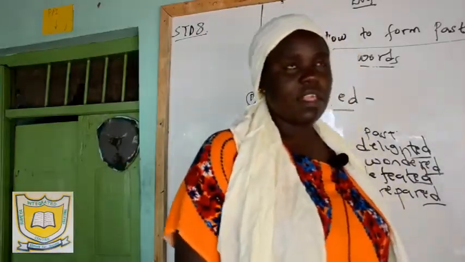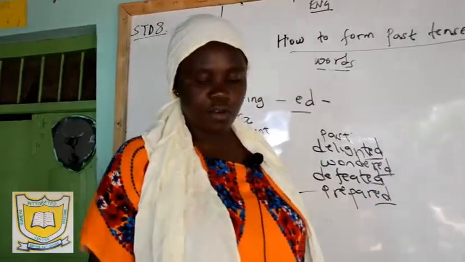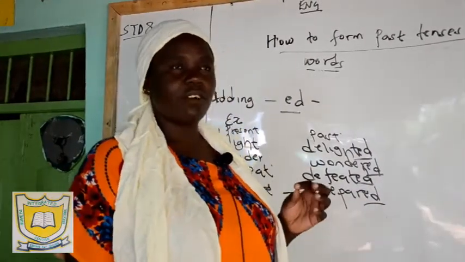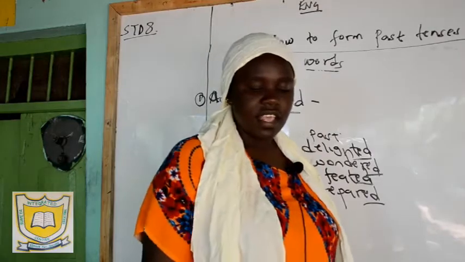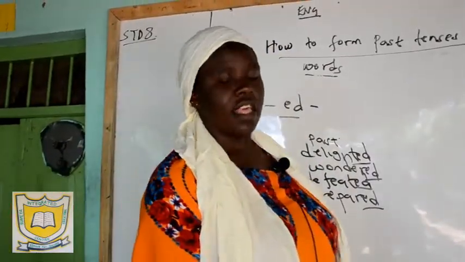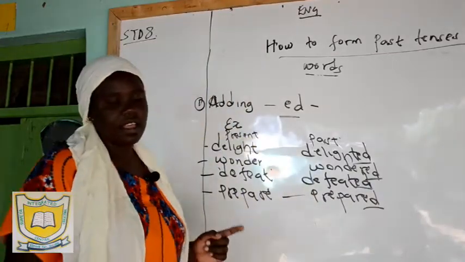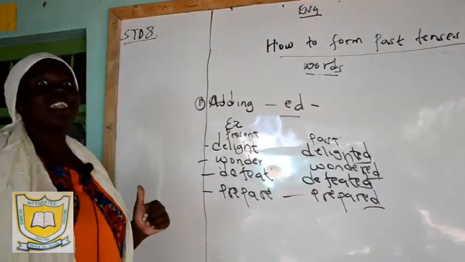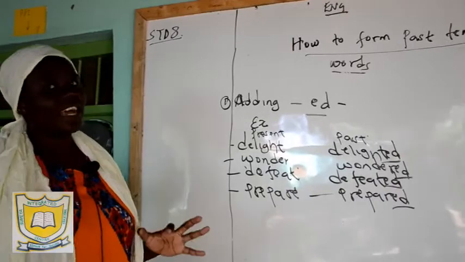Now, the method number two of forming past tenses of words, especially with those words that end with an e: you omit the e, and then you add an ed, or you simply add a d.